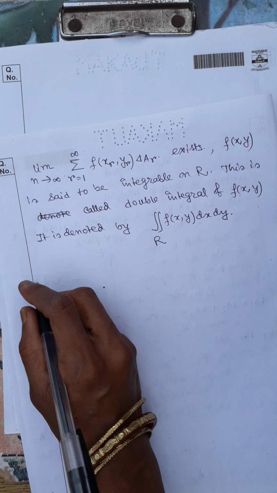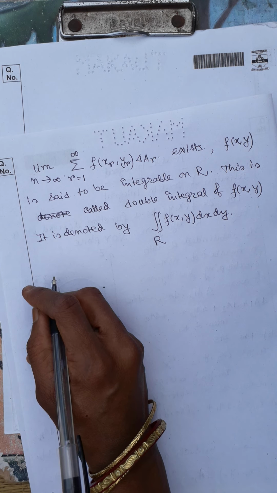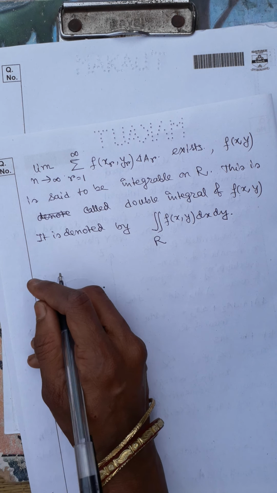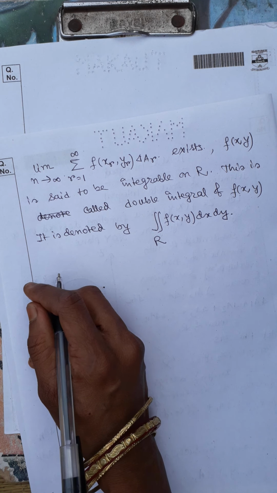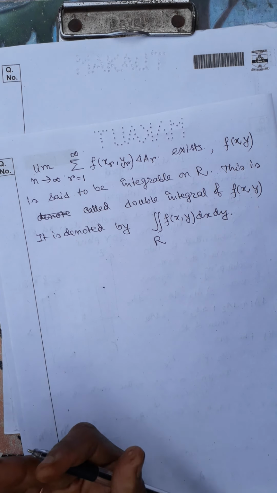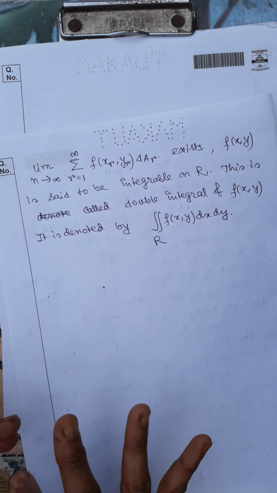So this double integral is nothing but a limit, and the double integral of a function may not always exist. We have the following theorem: if f(x,y) is continuous or sectionally continuous on the region R, then it is integrable on R. That means if f(x,y) is continuous over the region, then it is integrable.